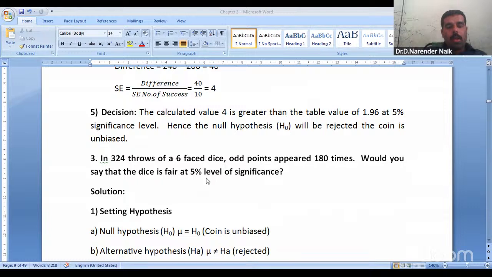In 324 throws of a six-faced dice, odd points appeared 180 times. Would you say that the dice is fair at 5% level of significance?